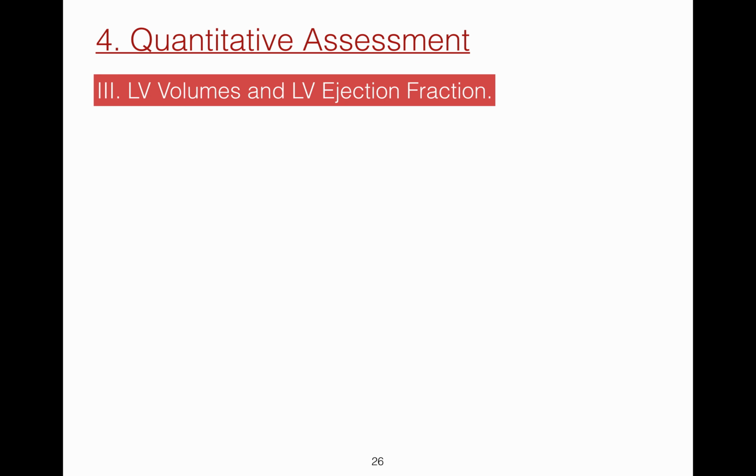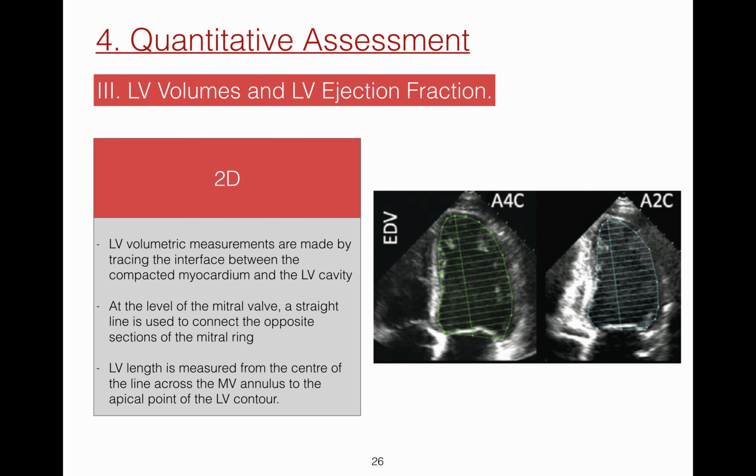2D LV volumes and ejection fraction. LV volumetric measurements by 2D are made by tracing the interface between the compacted myocardium and the LV cavity. Usually, this is done by starting at the septal mitral annulus and working around to the lateral mitral annulus.